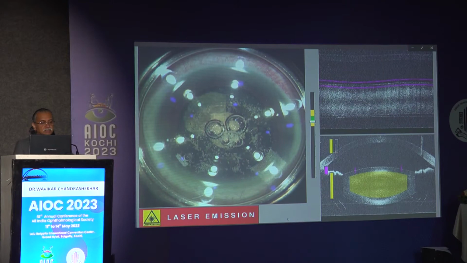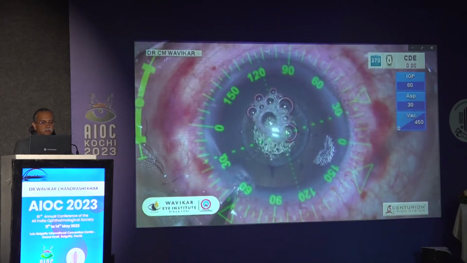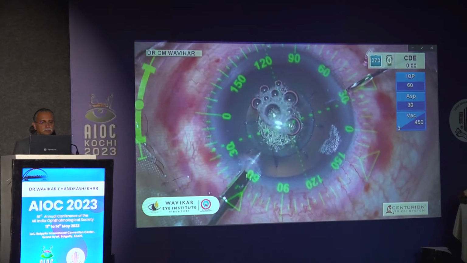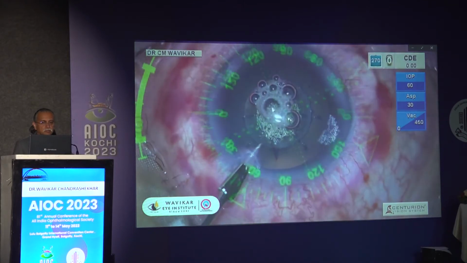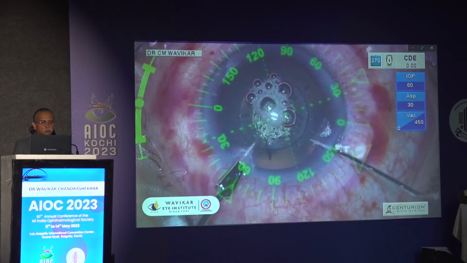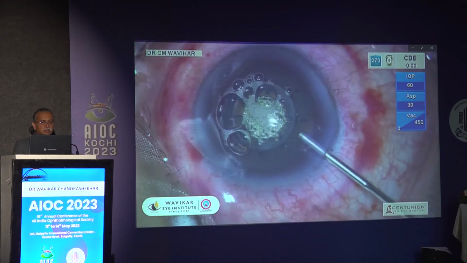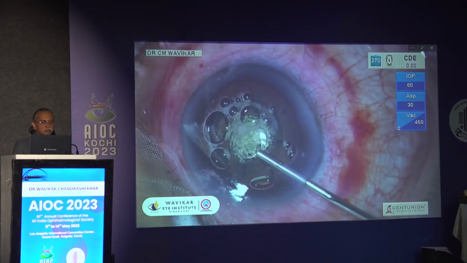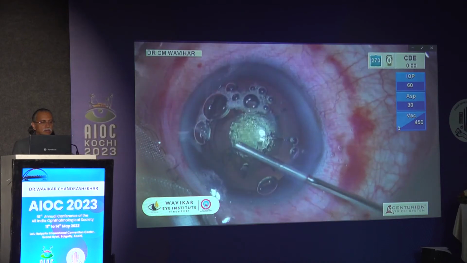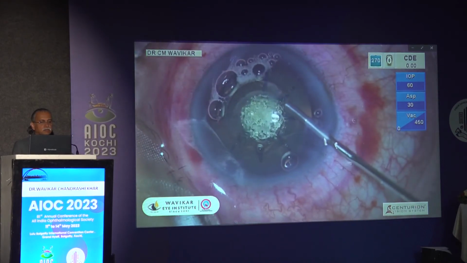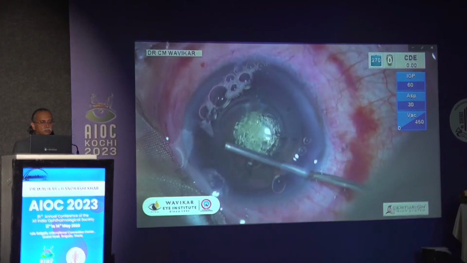In most cases, when you have central docking, the incision opens very easily. It just takes 1 to 2 seconds, and after that the capsule is 100% cut most of the time, and you just separate it with the help of visco.